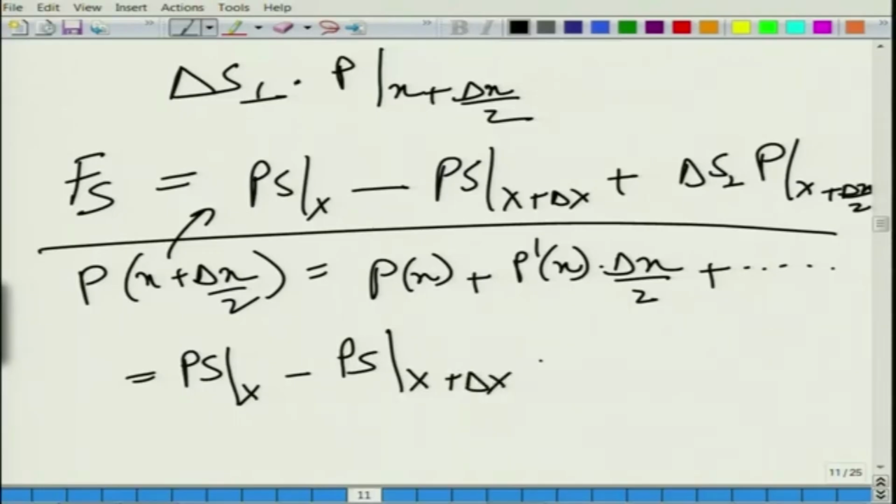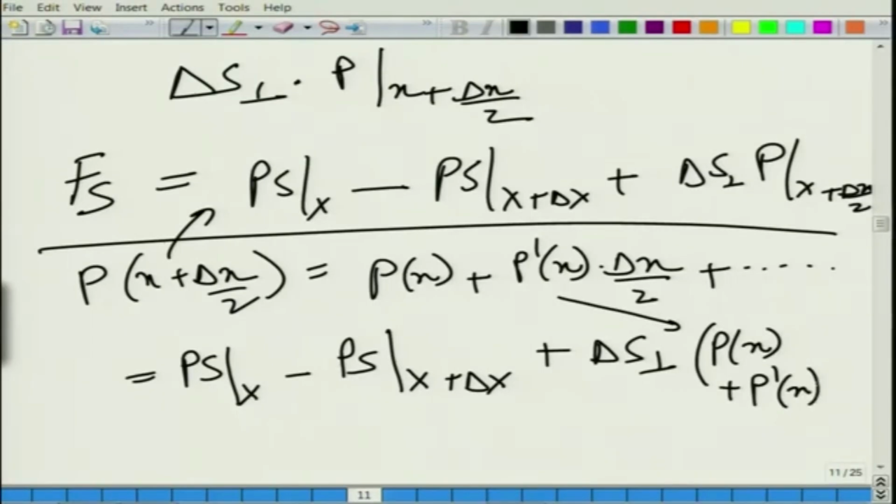Let us first retain this part, but then once we substitute this part in here and simplify, P at x plus P dash x into delta x by 2, we carry out our regular algebra.